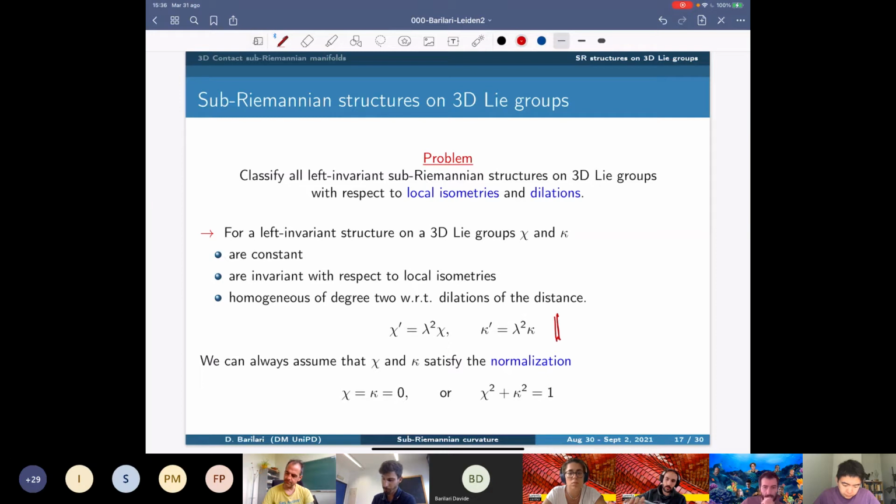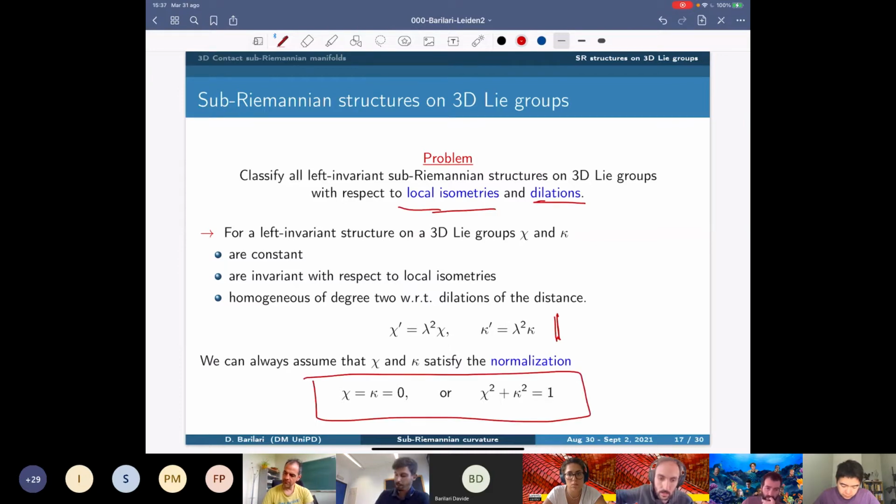So indeed, if you want to classify left invariant structures with respect to local isometry and dilations, we can assume that our invariants satisfy this normalization here. So either chi equals kappa equals 0 or chi squared plus kappa squared equals 1.